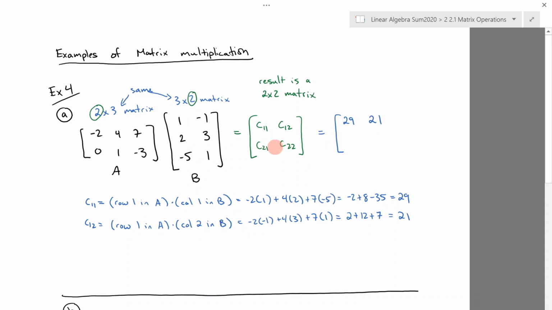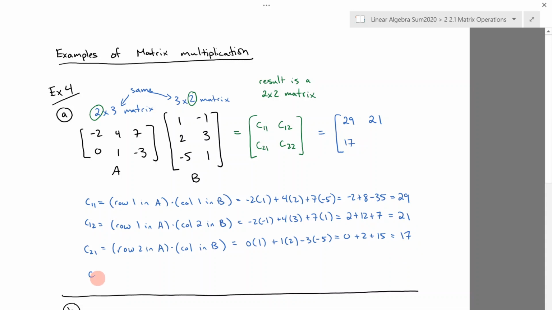And then we calculate the other entries. So C21 is row 2 in A, dot product with column 1 in B. So this row dot with this column. Writing it out, that's 0 times 1 plus 1 times 2 minus 3 times -5. So that's 0 plus 2 plus 15, so that's 17.